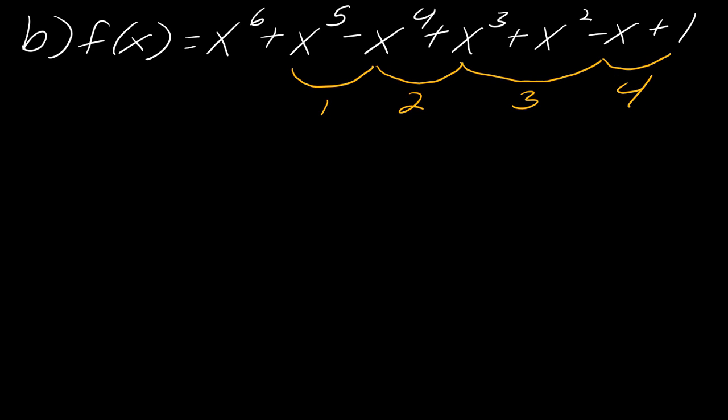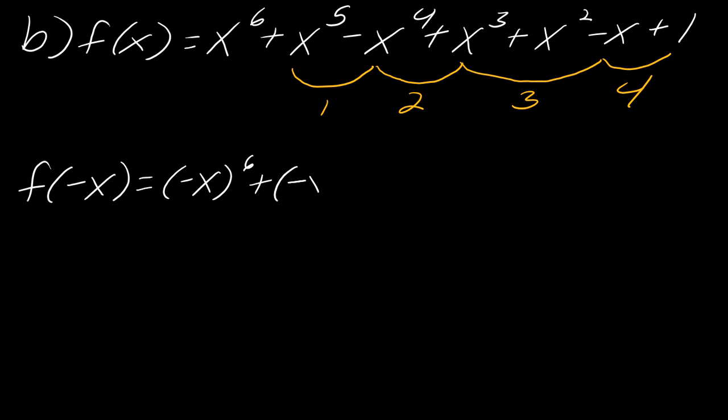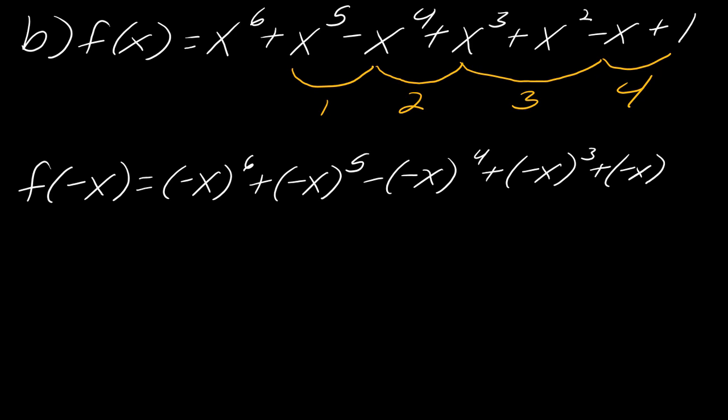Okay? So now we're going to calculate the other test, f of negative x. Again, I think you should pause here and try this on your own just to wrap your head around it and hit play when you're ready. Okay, so if I plug in negative x into all of this, I'm kind of running out of room here, but let's see.